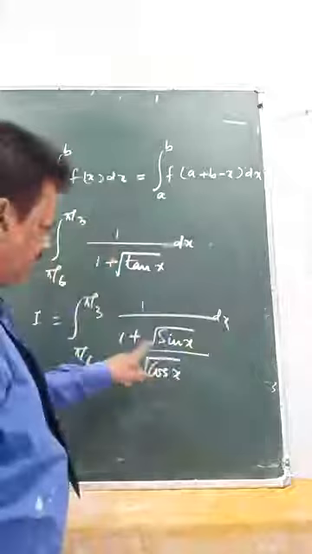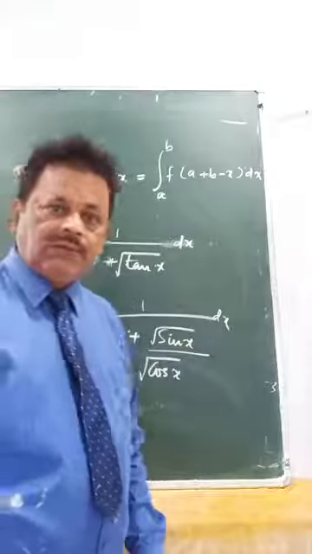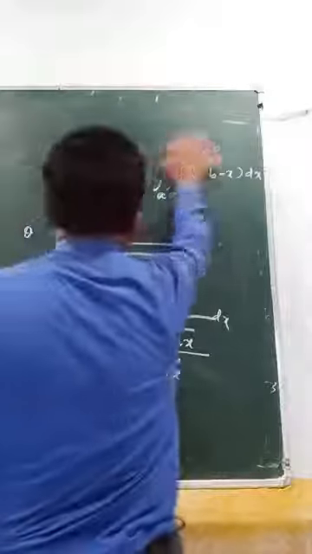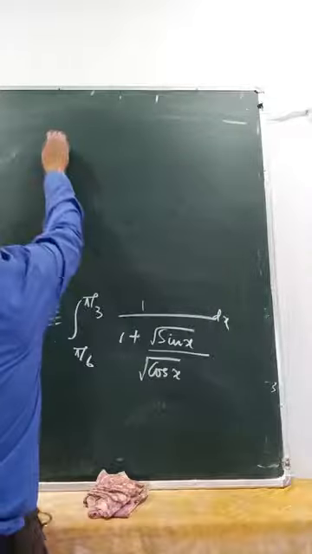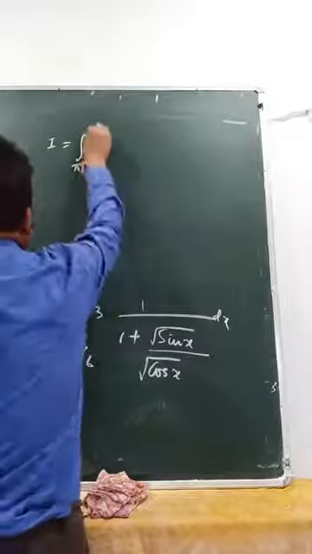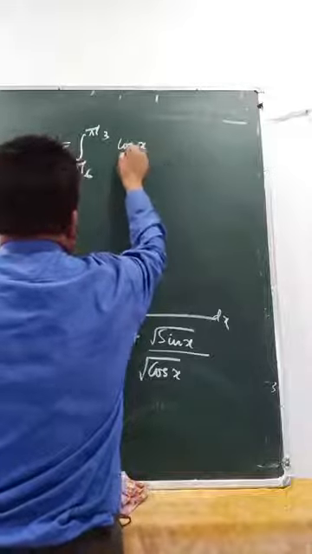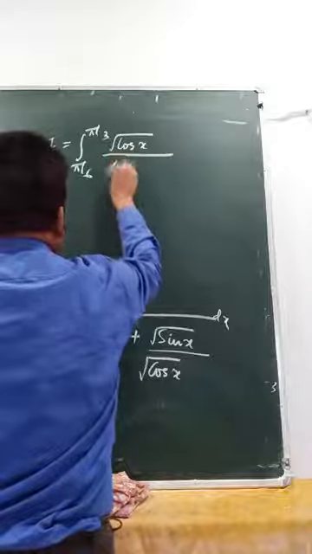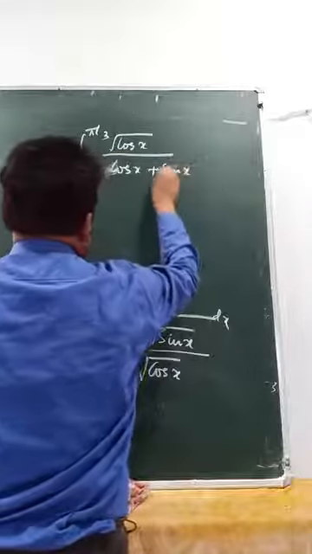So after taking LCM, this will go to the numerator. So what will you get in that? I equals integral from pi/6 to pi/3 of root cos x by root cos x plus root sin x.